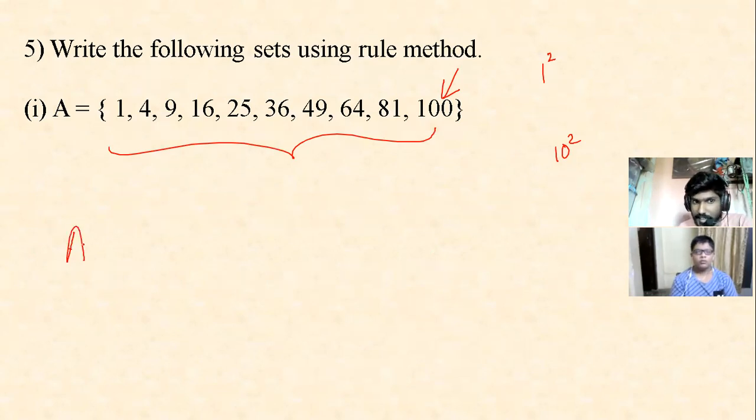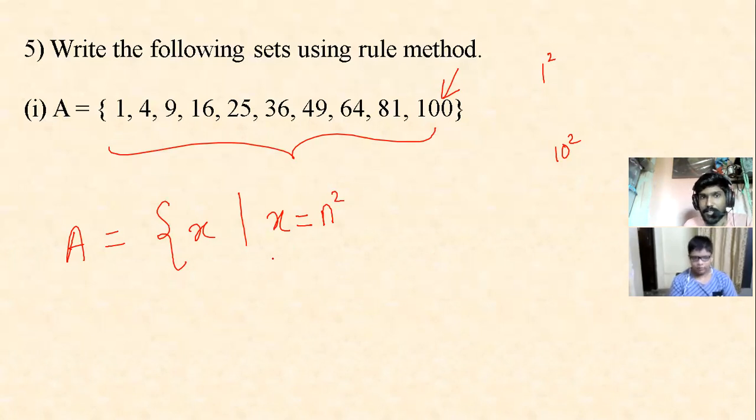So set A is equal to, it's a set of all such variable x such that x equal to, it is a square of that number. So x is equal to n square.